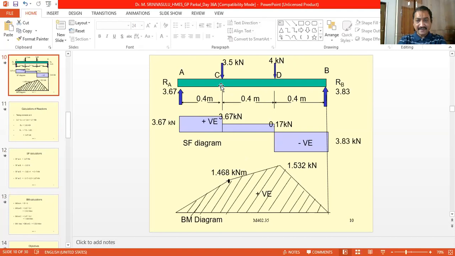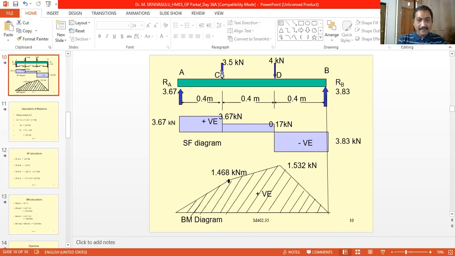If we take a section at this point, we got the right side or left side. First I will consider the right of the section and find out the value of the bending moment, and I will check the bending moment by considering the left of the section also.